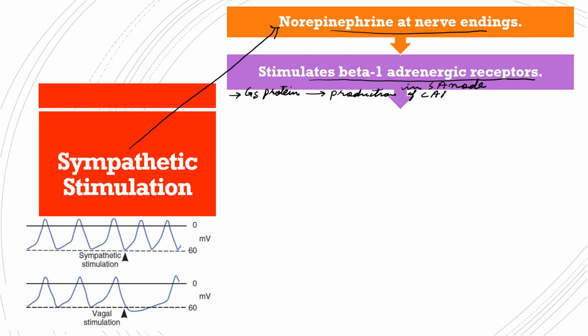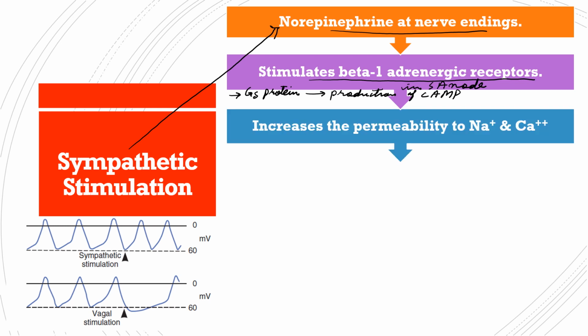The G stimulatory protein, after activation, leads to the production of cyclic AMP as a second messenger, and the cyclic AMP in turn increases the permeability of the SA nodal membrane to both sodium and calcium ions.